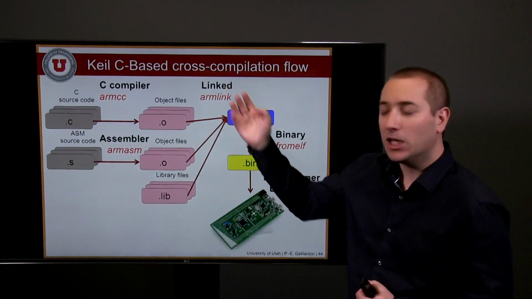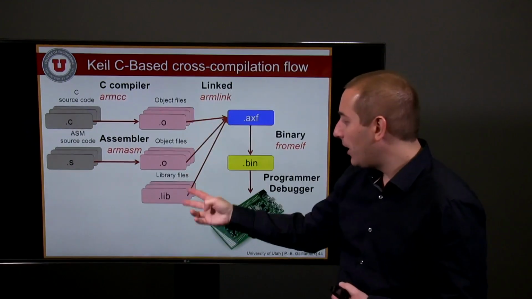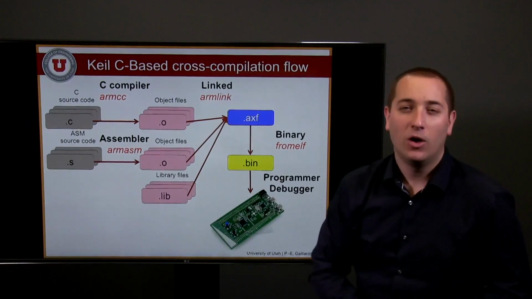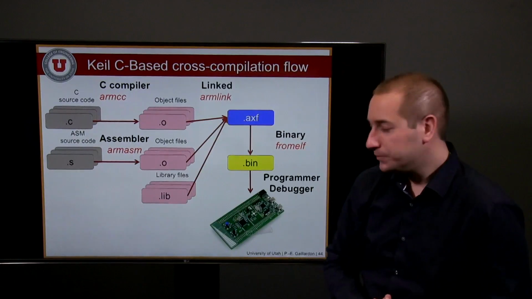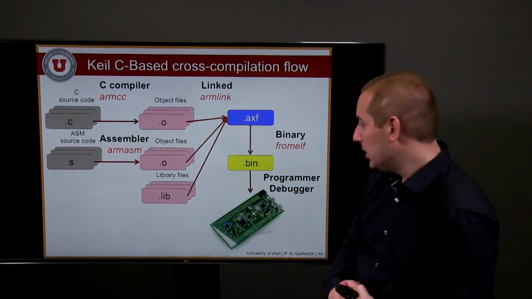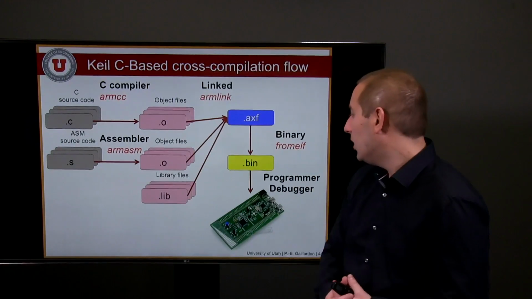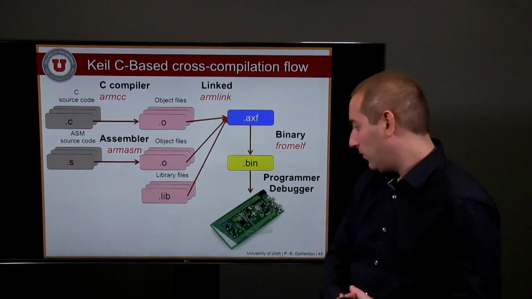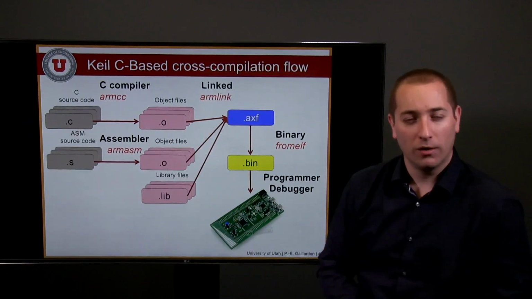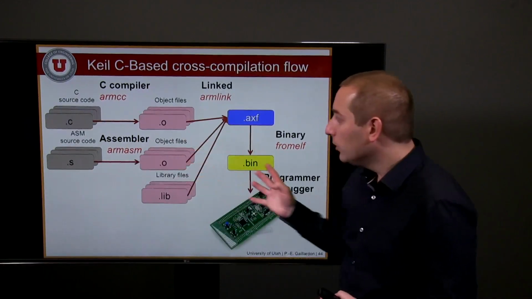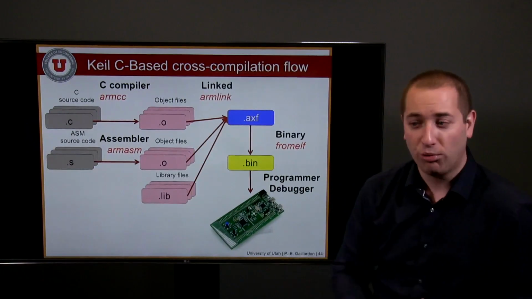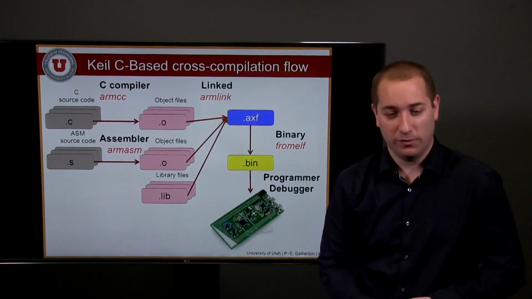The ARM link binary will combine all those different libraries and object files into a .axf that will then be converted into binary using the fromELF command. That binary will be able to be put on your final demo board. This will be the focus of our first lab, and you will learn how to practice this cross-compilation flow.